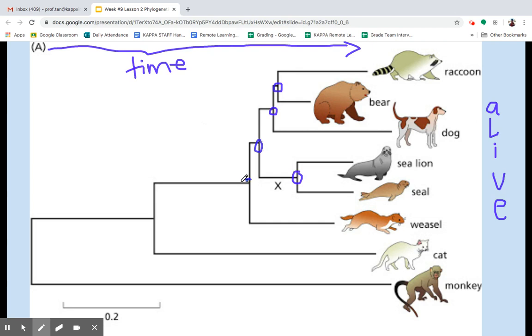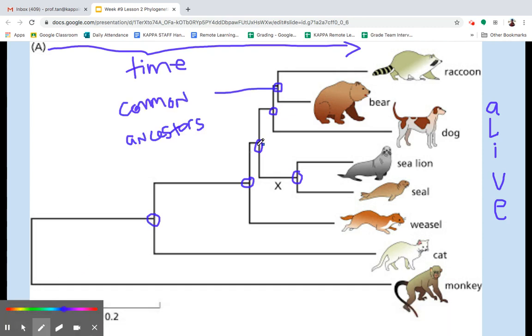These nodes all show, here's one more over here, these all show common ancestors. So what that means is the raccoon and the bear actually have a common ancestor or relative in the past, which would be this species that would occur right here. The species is not labeled, but we know that they're related at some point in time in the past.